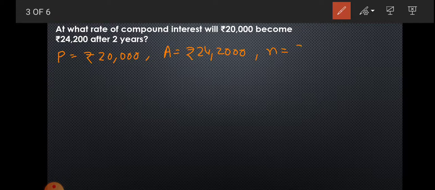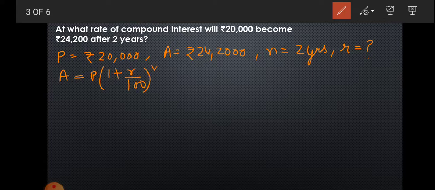Time is 2 years. We need to find the rate. We know amount is equal to principal times 1 plus rate upon 100 raised to the power n. Value of amount is 24,200.